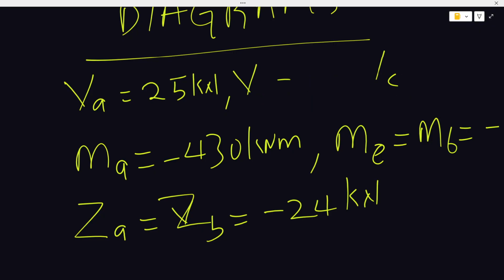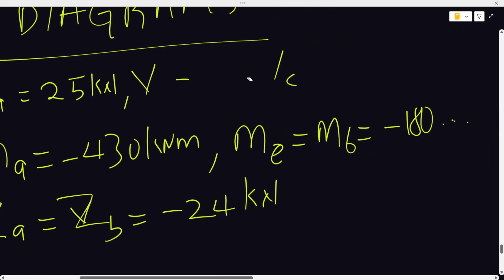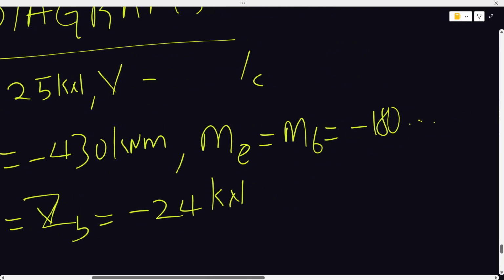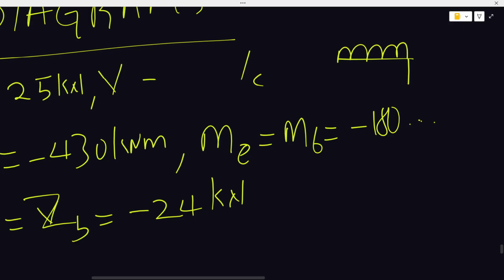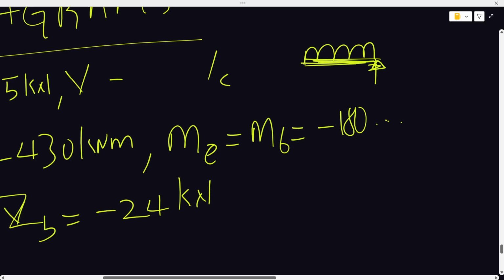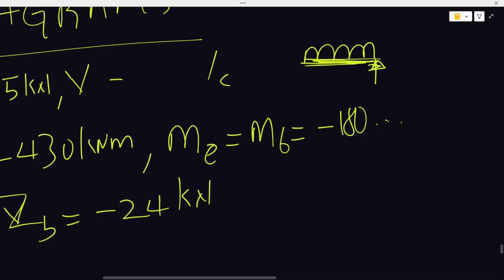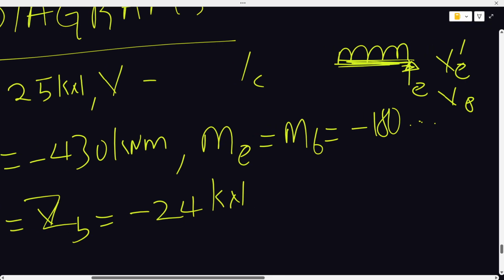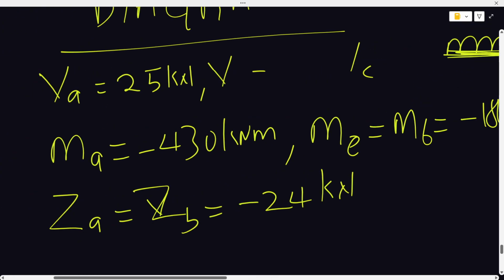Let's say you have a UDL and there's a point load. No matter what is in this region before the point load, as long as you have a point load, you must calculate the shear force just before E and at E. Maybe this is E. So just before E still gives us 25.